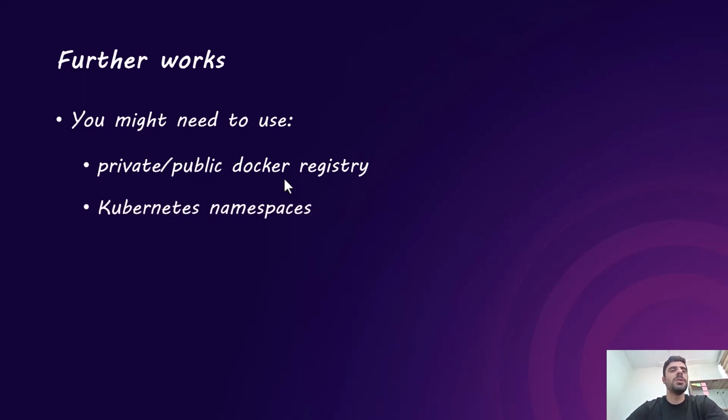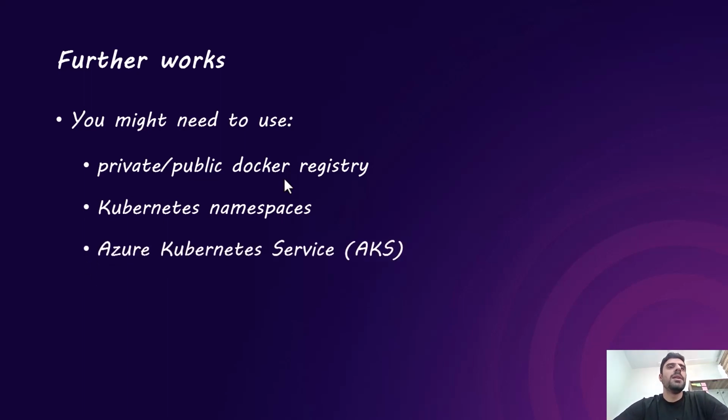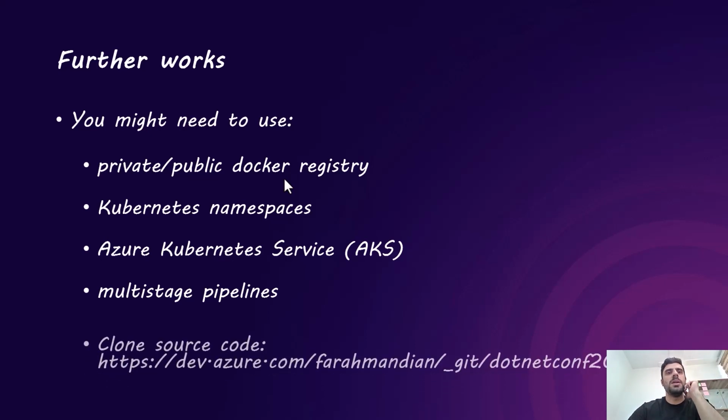Or you might need to use Kubernetes namespaces, or obviously you might need to use Azure Kubernetes Service, AKS, to manage your Kubernetes. Or you might need to use multi-stage pipelines and create one YAML file pipeline, and put your build and release pipeline both in the same pipeline.